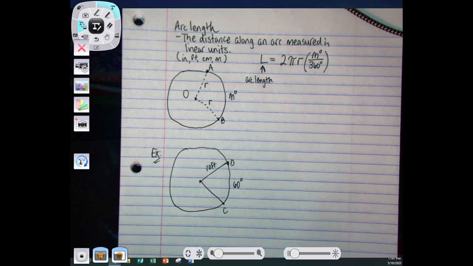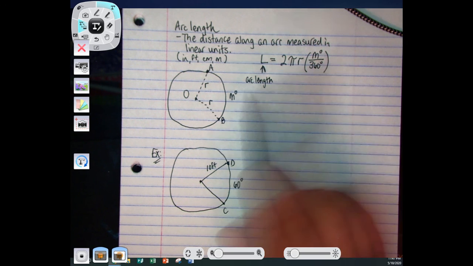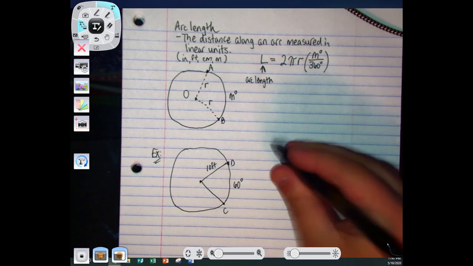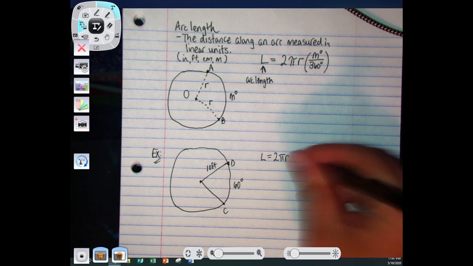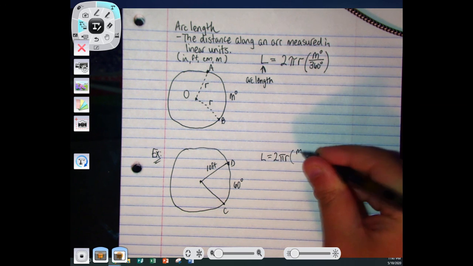To find the length of the arc, we use the formula L equals 2 pi r times the measure of the angle divided by 360.